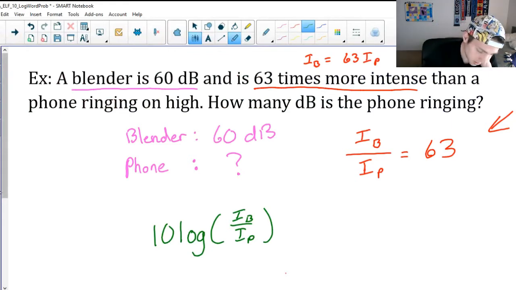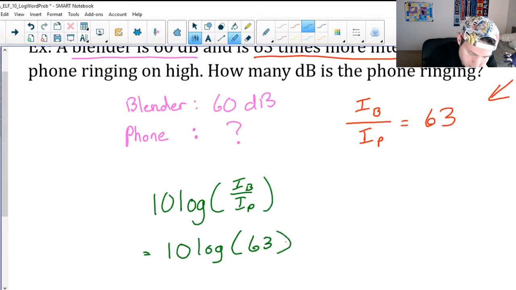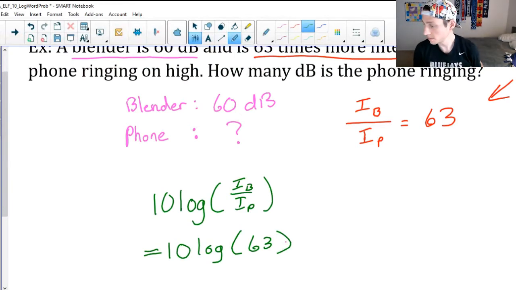All right, so if we do that, we already know that the ratio is 63. So 10 log of 63.